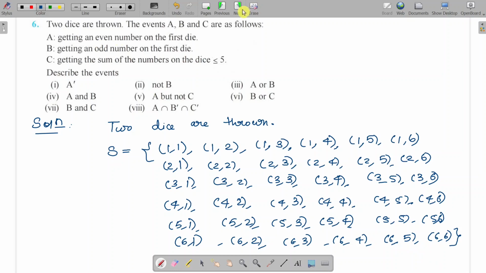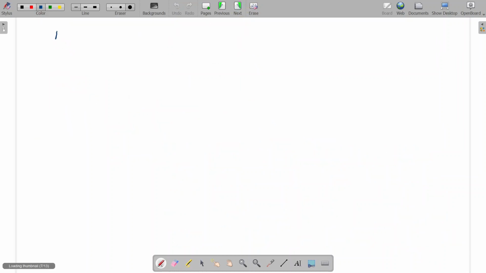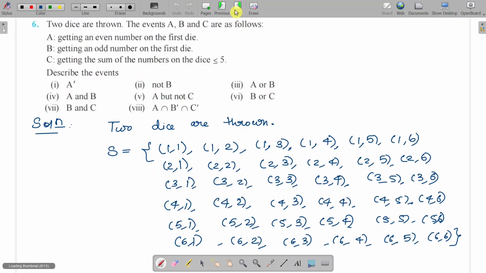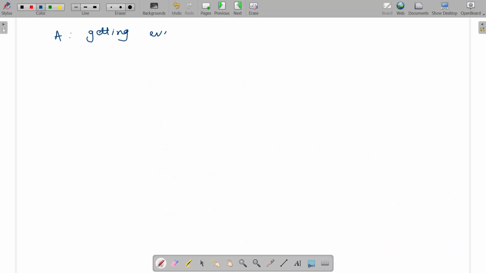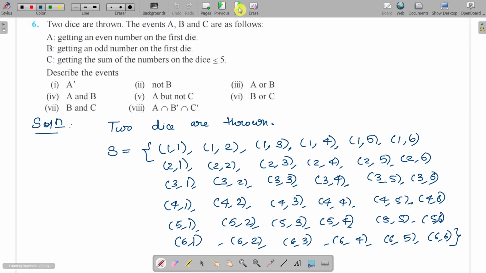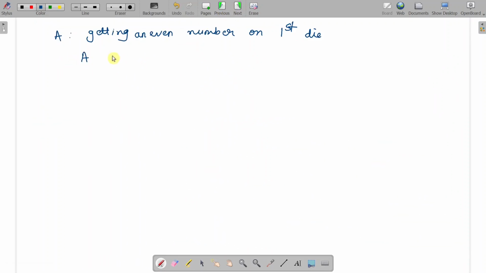So now let us look at the event A. Event A is getting an even number on the first die. Getting an even number on the first die means you have to take 2 comma 1, because 2 is even and there is no condition for the number on the second die.